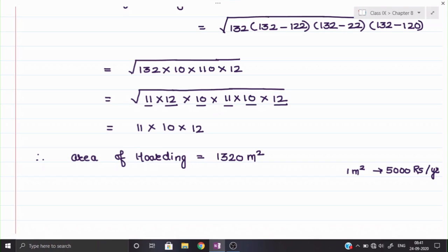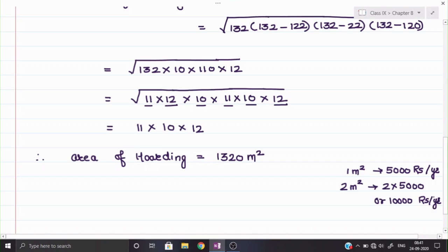How much area do I have? 1320 meter square, a huge area. Anyway, if my area is, suppose, 2 meter square, the cost will be 2 into 5,000, that is 10,000 rupees for the whole year.